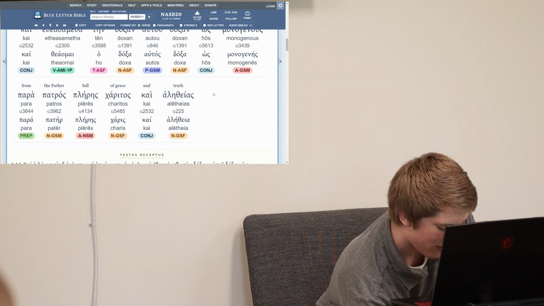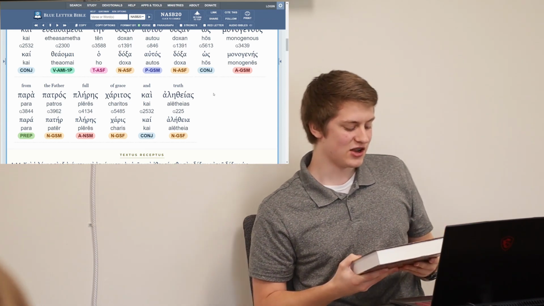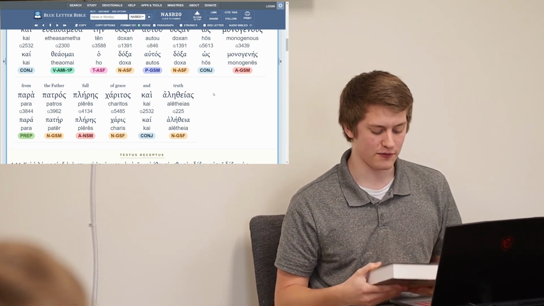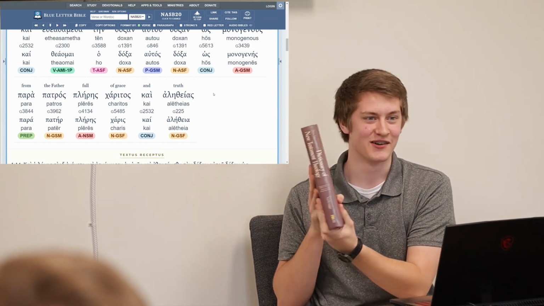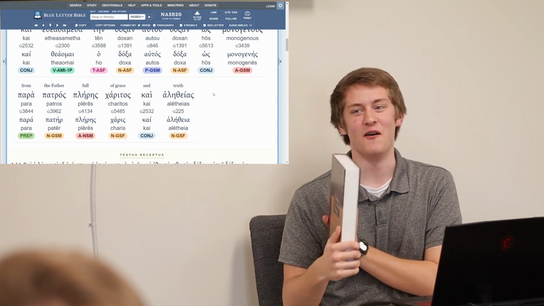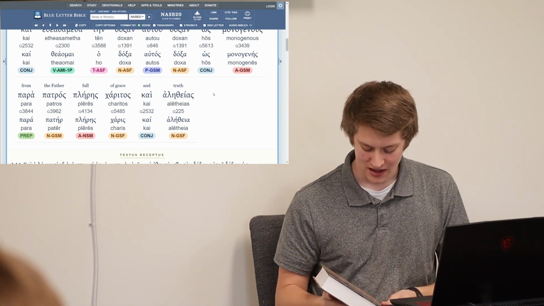But I also brought my other friend. Say hi. He's a little shy. The New International Dictionary of New Testament Theology, abridged edition, and that's important. If this is the abridged edition, you don't want to see the unabridged edition. It's actually a volume set.